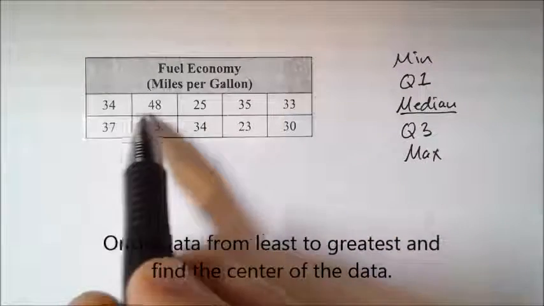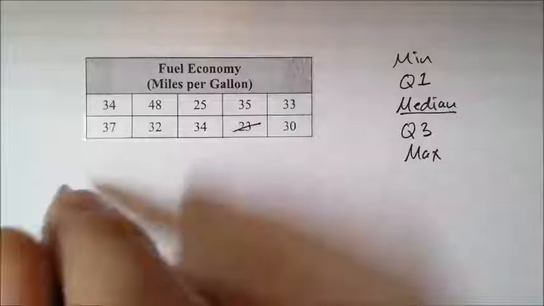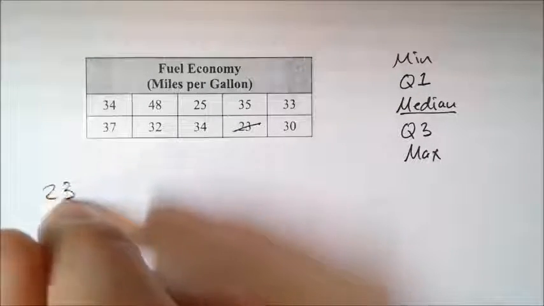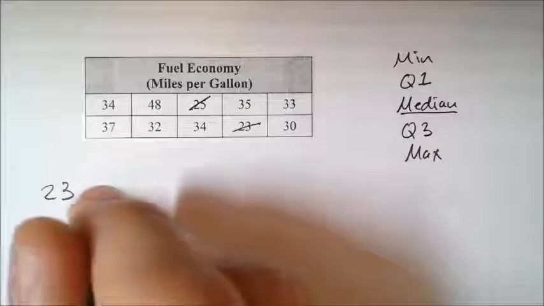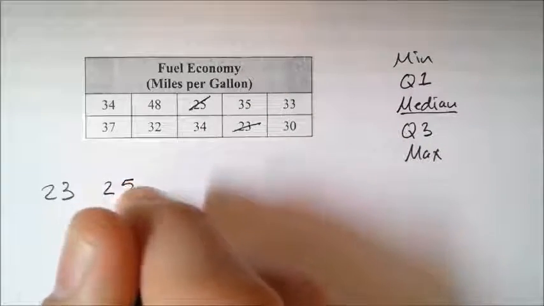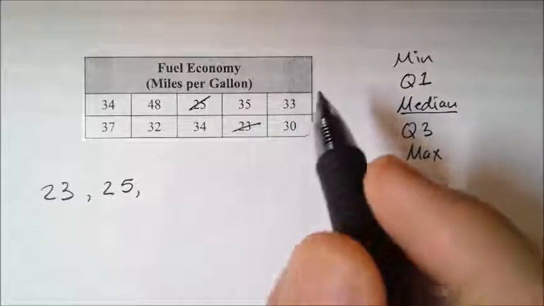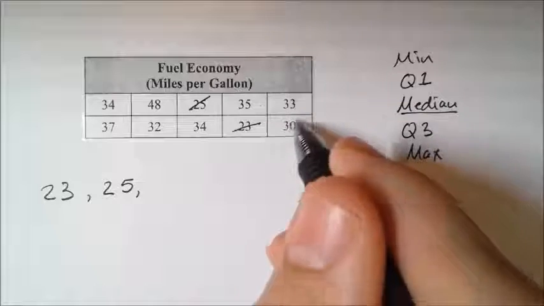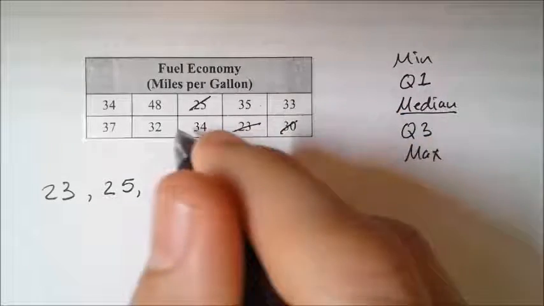The smallest number that I have out of all these values is 23. So we're going to put 23 first. The next one is going to be 25. Then after 25, we have 30. And then we have 32.